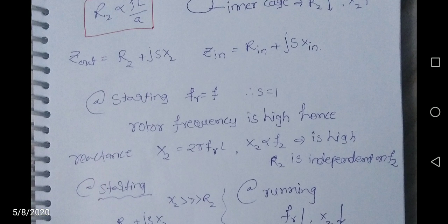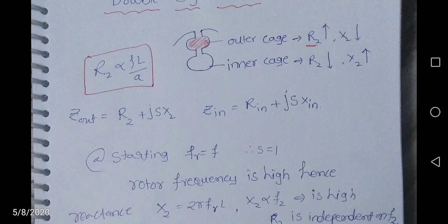So outer cage impedance equals R2 plus jsX2 and inner cage impedance equals R_in plus jsX_in.